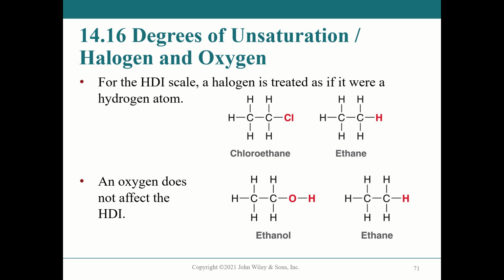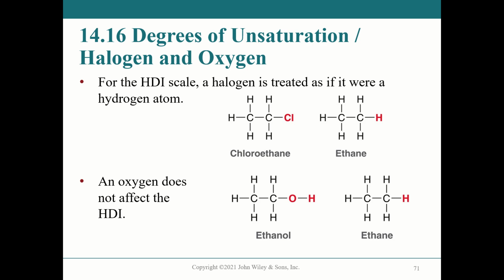If you have a halogen, we're going to treat that in our math as if it's a hydrogen, because its presence does not imply we needed a pi bond or a ring, or that we're losing a certain number of bonds needed to have our maximum number for 0 degrees of unsaturation. So if you have a halogen, you treat that as just another hydrogen.